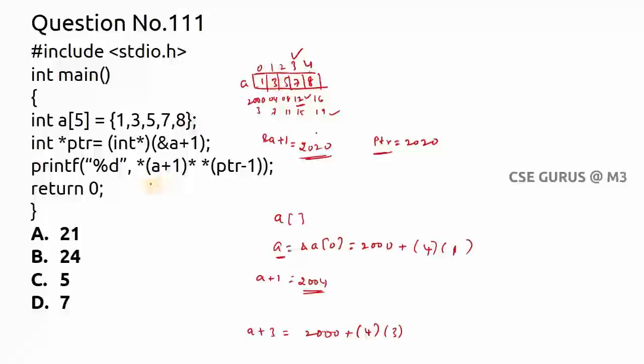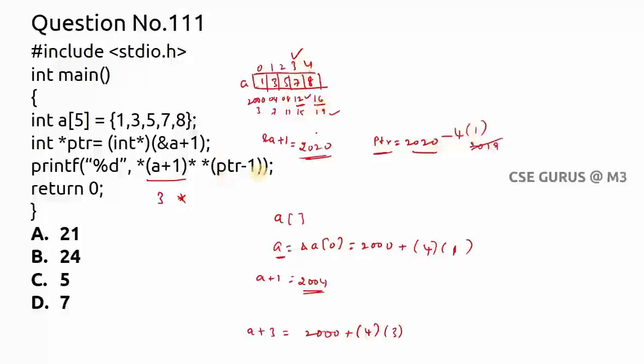3. So *(a + 1) is 3, multiplied by *(ptr - 1). What is the ptr value? 2020. Minus 1 means the previous address. It's not 2019, it's the previous element's address, that is minus 4. That's why 2020 minus 4 is 2016.